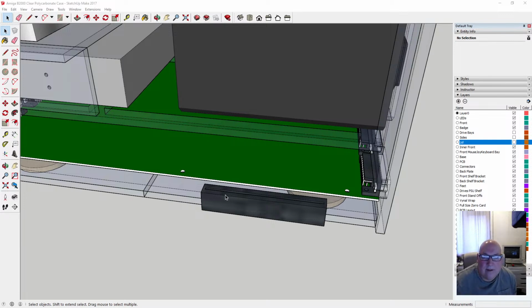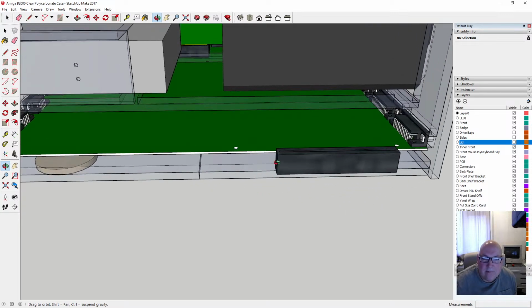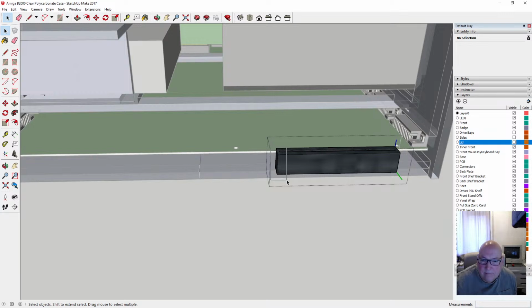So let's just measure this. That's 85, so we need to take 32 off that. And we'll start from this end, so we'll go into it, and we'll just move it up 32.